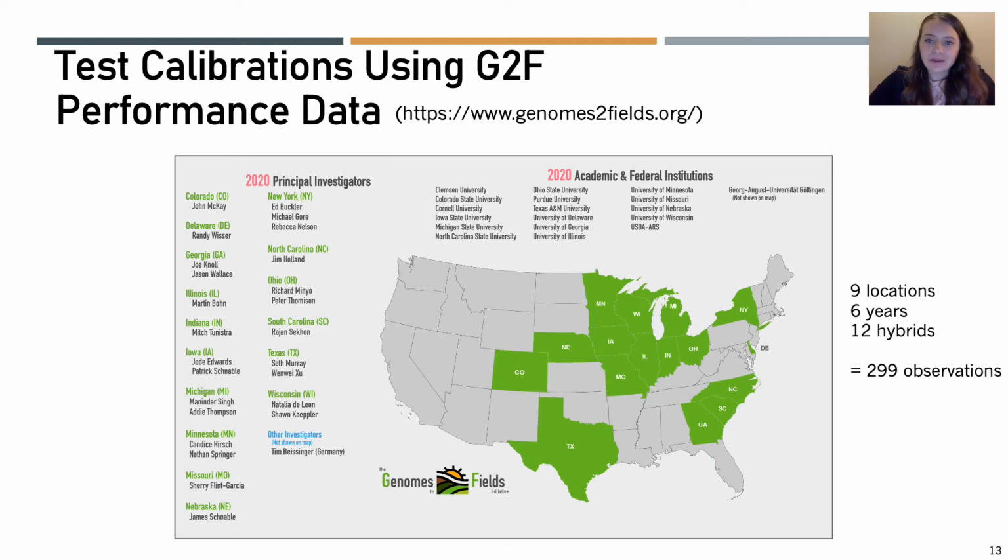The hybrids we've calibrated are grown widely throughout G2F in the majority of the trials. We selected 53 year-by-location environments where sites span states like Iowa, Minnesota, Illinois, North Carolina, Delaware, and Texas, and we looked at years 2014 to 2019. For our 12 hybrids, this gave us a total of 299 observations.